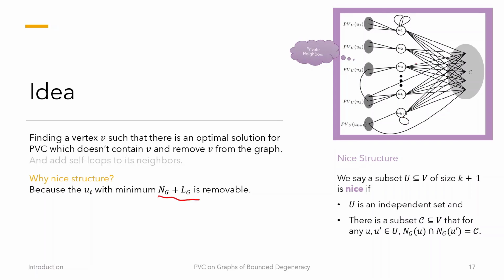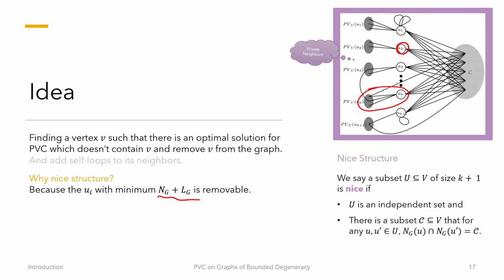It's because, let's say this is the vertex with the minimum number of incident edges, then if there is an optimal solution for PVC containing this vertex, there should be another vertex that is not contained in the solution, and also all of its private neighbors. So this part.